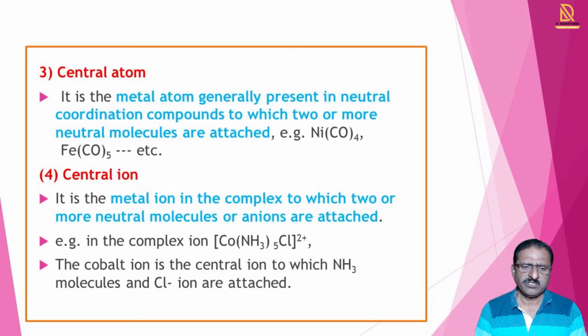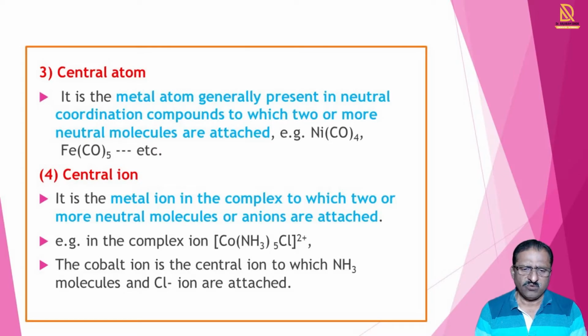Now we see the next term, similar to the central atom but different from it, that is central ion. Central ion means the metal ion in the complex to which two or more neutral molecules or anions are attached.